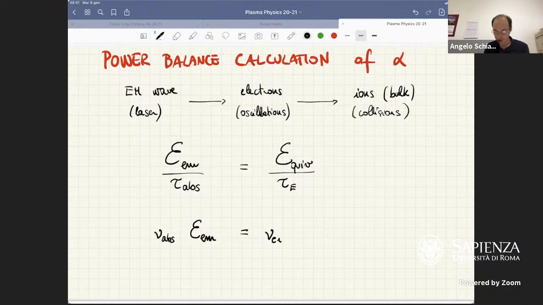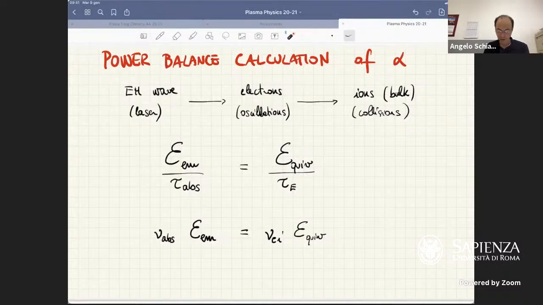So we can now state, and remember what it was, this is the collision frequency of electron to ions, because this is the rate at which the energy contained in the quivering, oscillation motion of the electron is transferred by means of collision to the ions. So this is the frequency we are looking for, the energy exchange between ions and electron species.